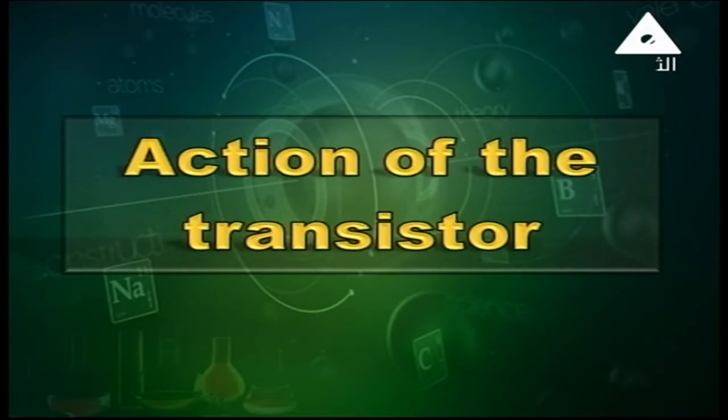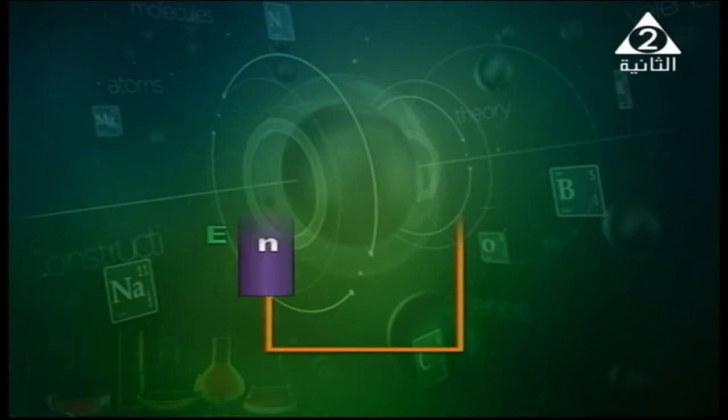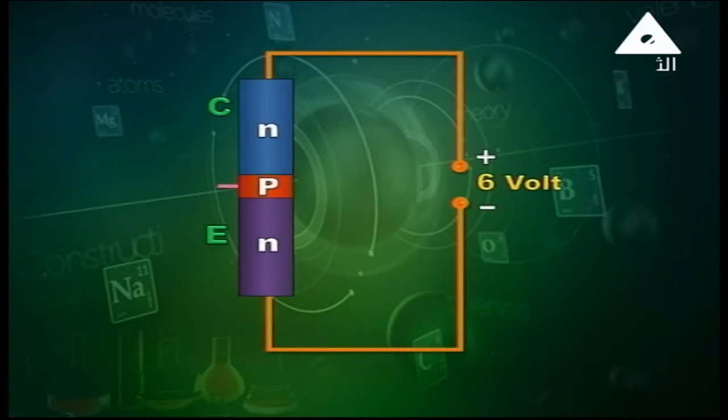And now, talking about the action of the transistor. As a matter of fact, transistors act as fast switches and as amplifiers. In front of you, we've got an NPN transistor, and it is connected to a potential difference of 6 volts.